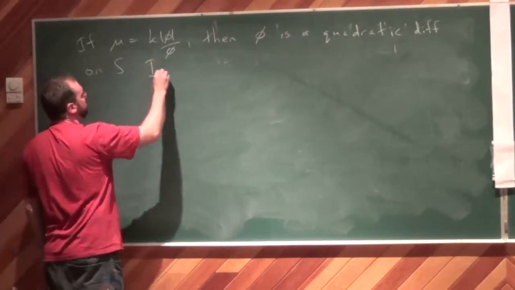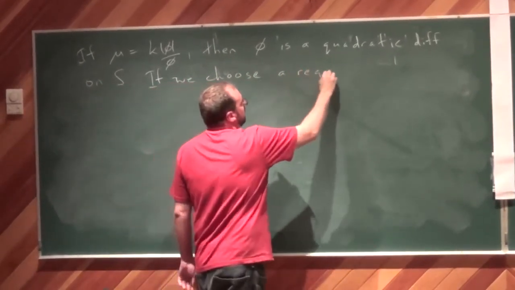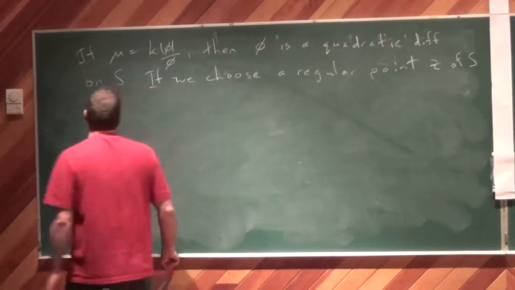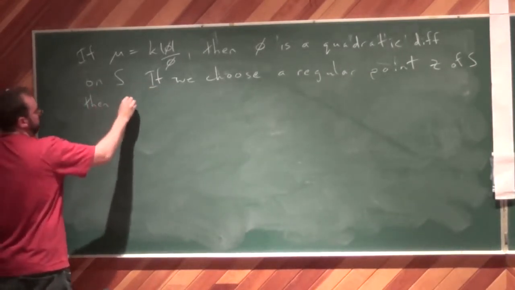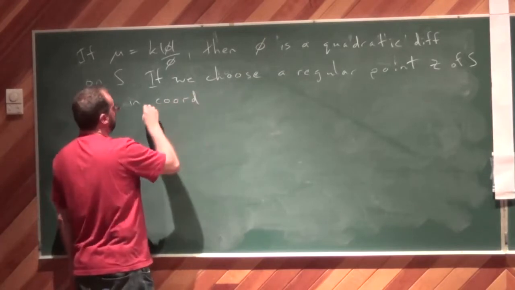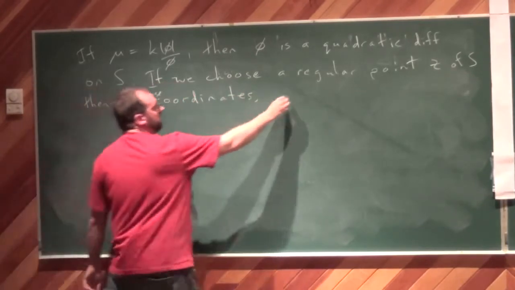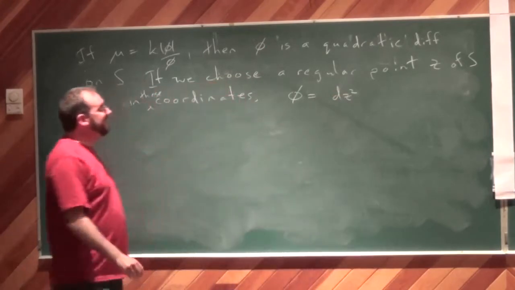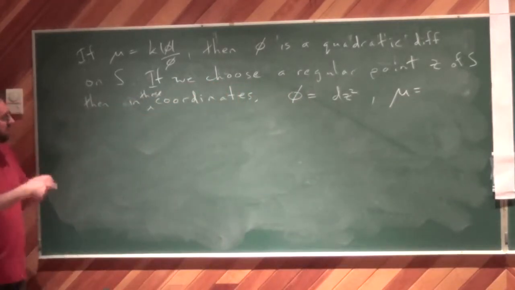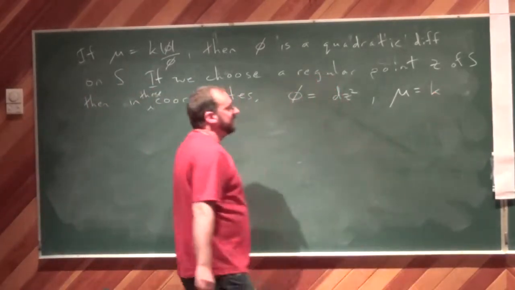But if we choose a natural parameter at a regular point, let's call it z on S, then in these coordinates, phi just looks like dz squared, and mu just looks like, well, the function part here is 1, so we've got 1 divided by 1, so mu is just a little k.